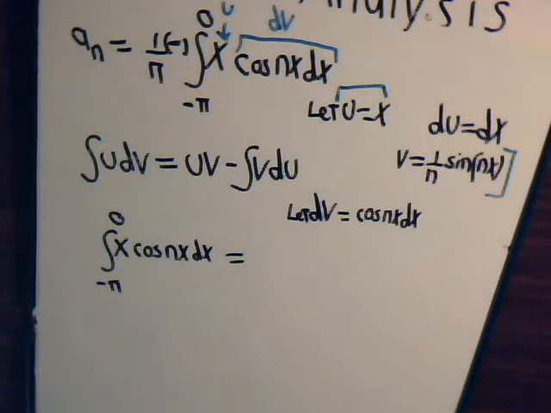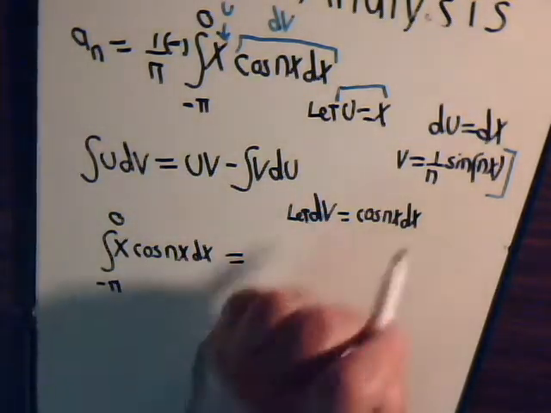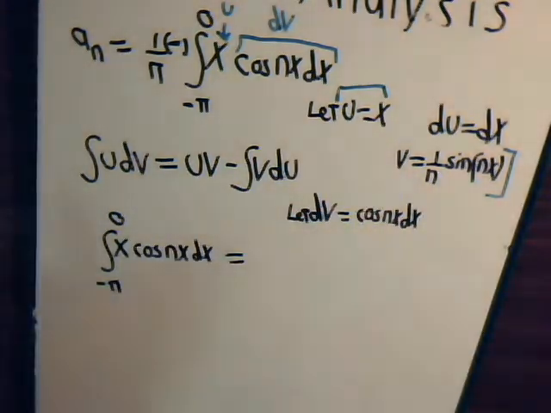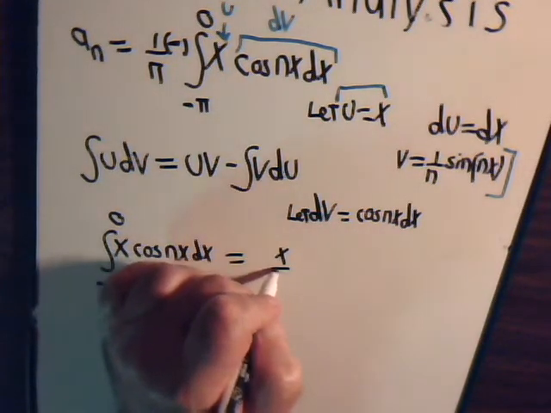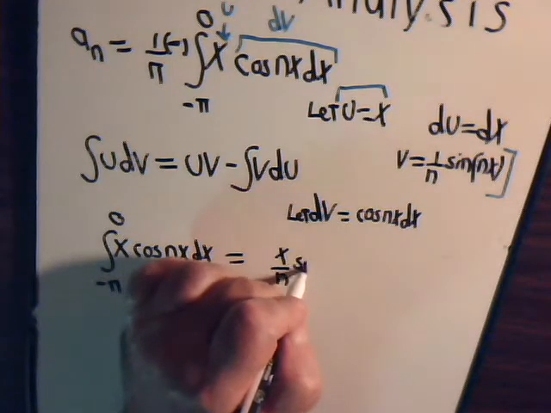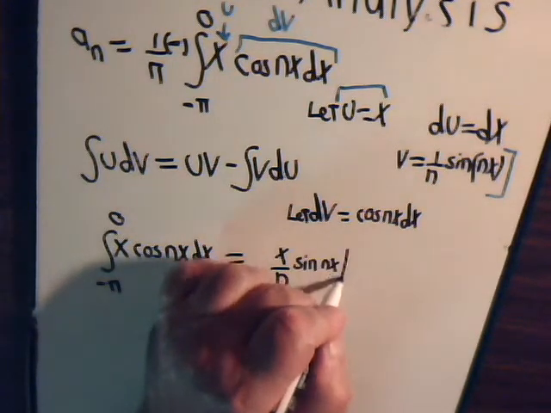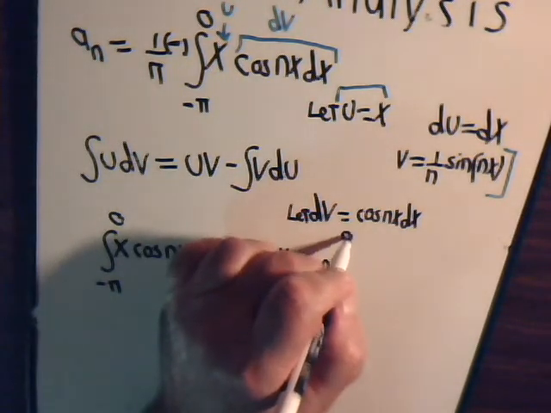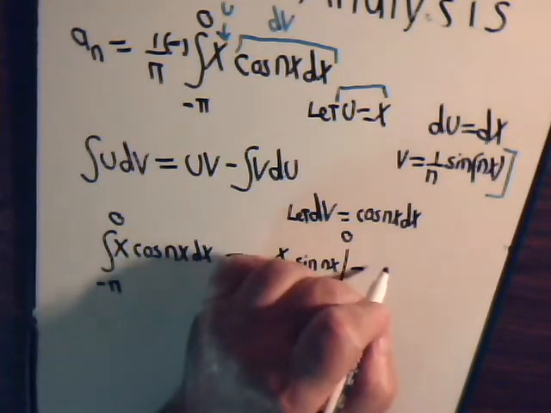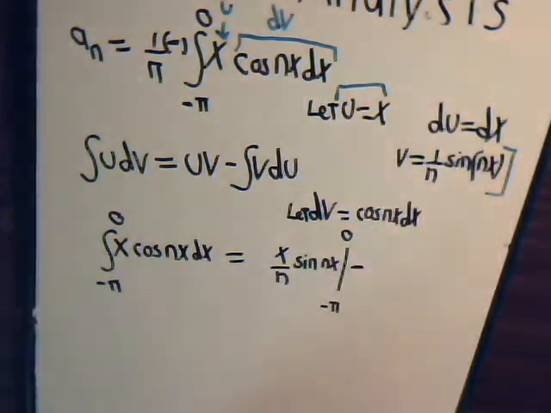So we set it up like that, and for u times v, we have x over n times the sine of nx, where x goes from minus pi to 0. Then we have minus the integral of v du.